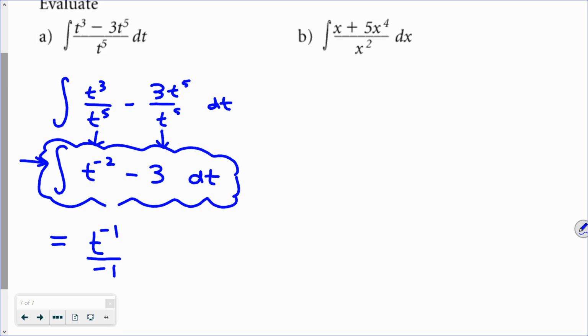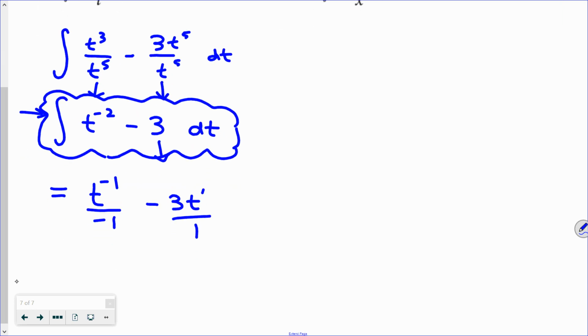A minus 3 is interesting because I do want to increase the power by 1. When you're doing an antiderivative, the constants don't drop out. Indeed, there is a t attached to that 3. Just right now it's invisible because it's to the 0th power. But if I increase that by 1, it's actually going to become minus 3t to the 1st power over 1. Of course, I will not be showing that 1st power or that over 1.